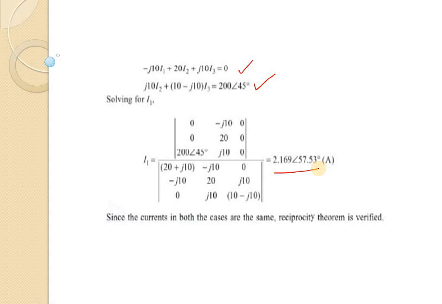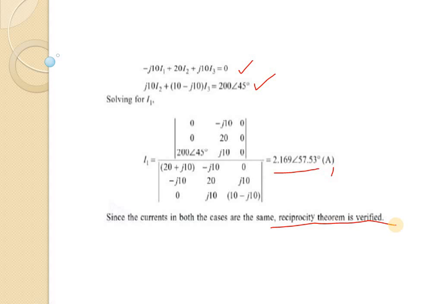We get that the same amount of current flows in the replaced branch, the same 2.169 angle 57.53 degree ampere that flowed in the voltage source branch. So in both cases we get the same amount of current.